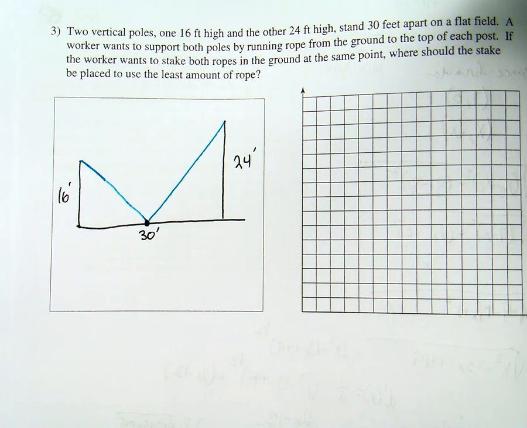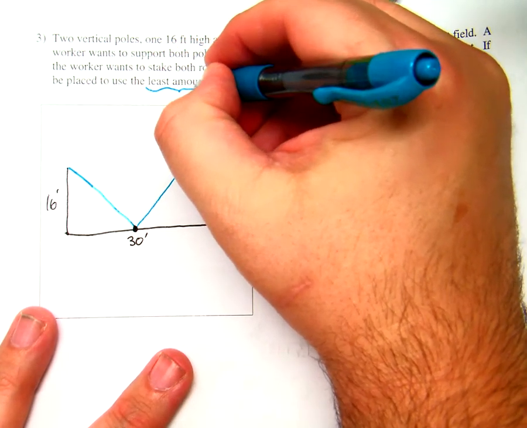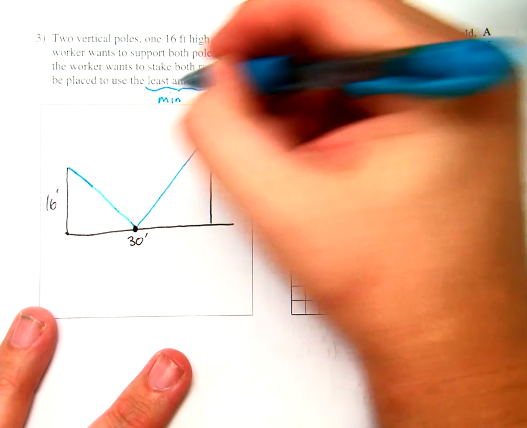They have a cable that comes down. That's what we want to do, but we want to put that at the same point. Now, do we want to minimize or maximize? Minimize. Least amount is going to be a minimum value.